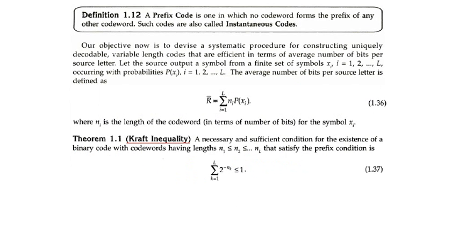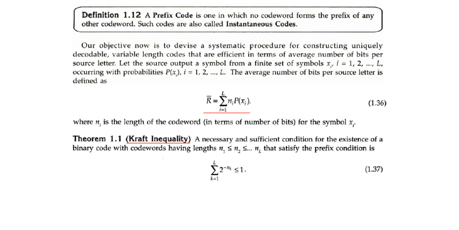And here we have one more definition. Average code word length. Average code word length R bar is defined as summation of i from 1 to capital L ni p of xi, where ni is the length of the ith code word, and p of xi is the probability of occurrence of the ith symbol, the ith output of a source.